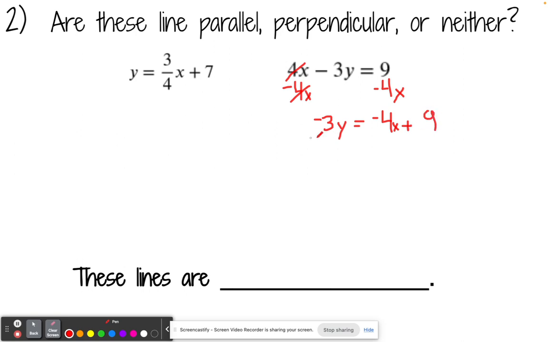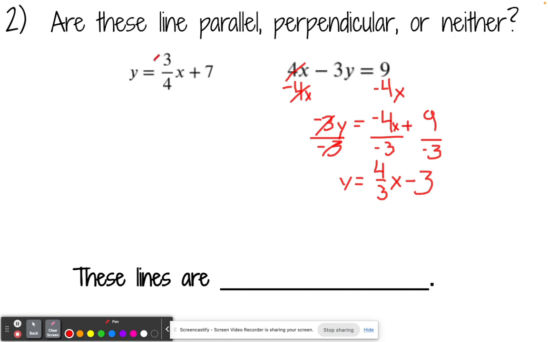So I'm going to divide both sides by -3. This will cancel out, and I'm left with y equals a negative over a negative, which gives me a positive 4/3 x, and 9 over -3 is equal to -3.